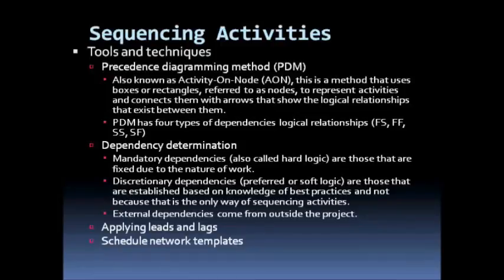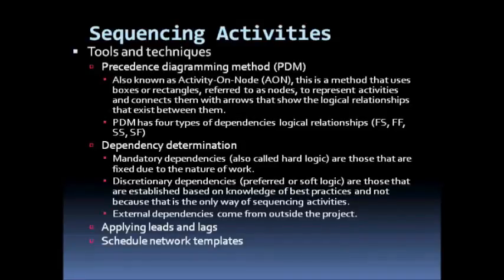Now there are discretionary dependencies or preferred or soft logic, and these are established based on knowledge of best practices, and it's not because that's the only way of sequencing activities. For instance, fixing light bulbs, fixing ceiling fans, any could be done before the other.